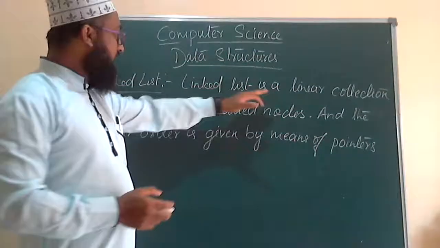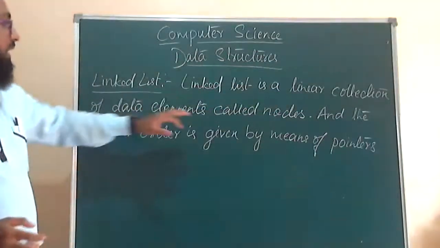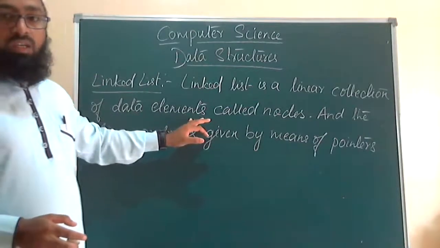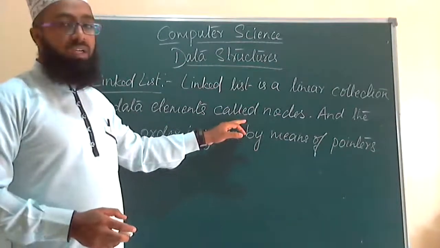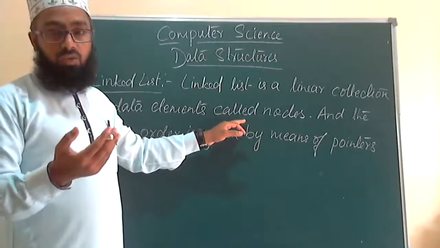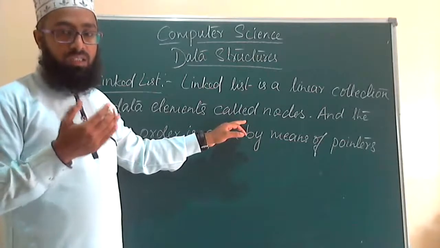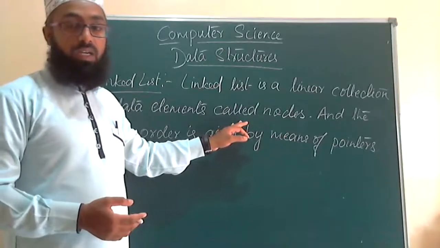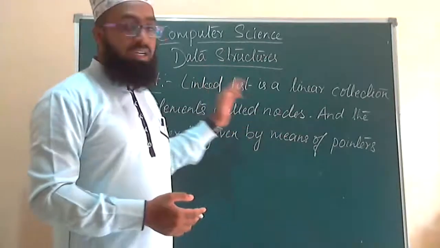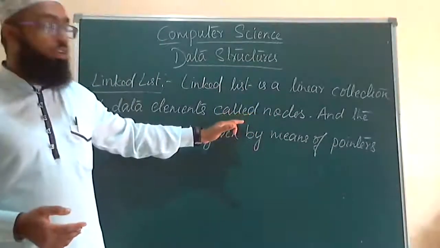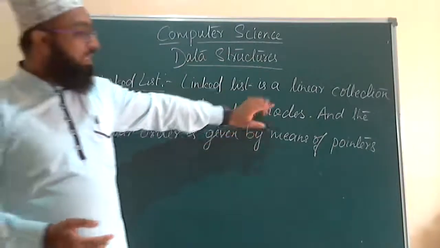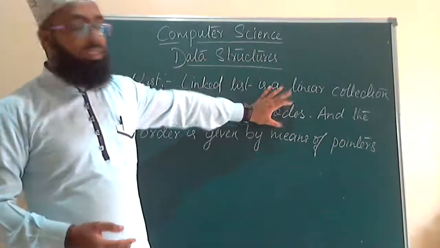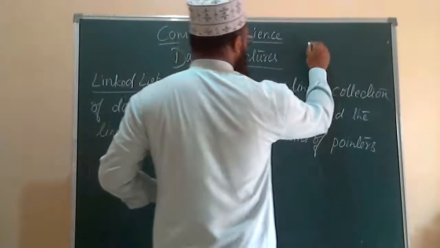Linked list is a linear collection of data elements. It is also a collection of data elements, just like stack is a collection of data elements, array is a collection of data elements, and queue is also a collection of data elements. In the same way, linked list is a collection of data elements. Those data elements are called nodes.